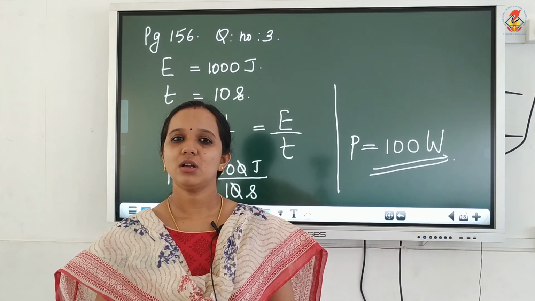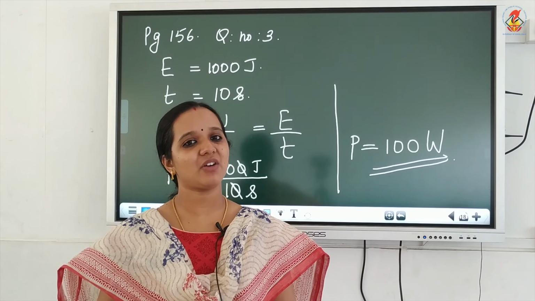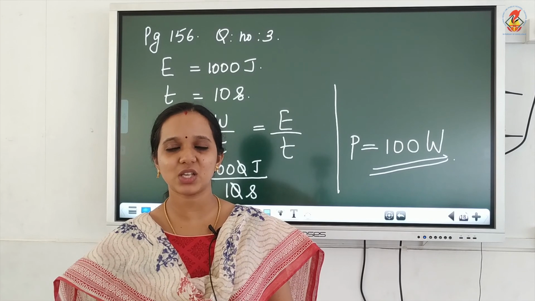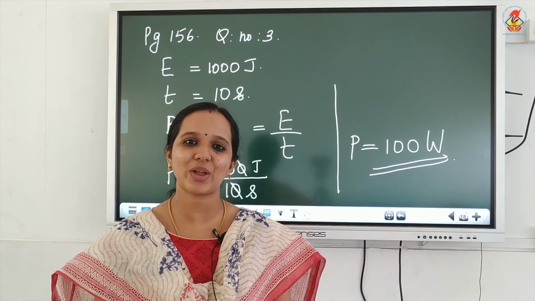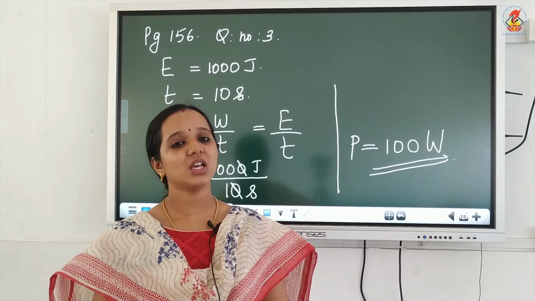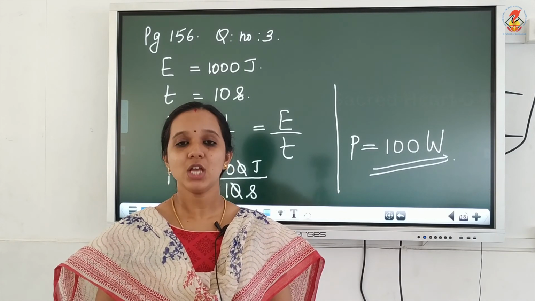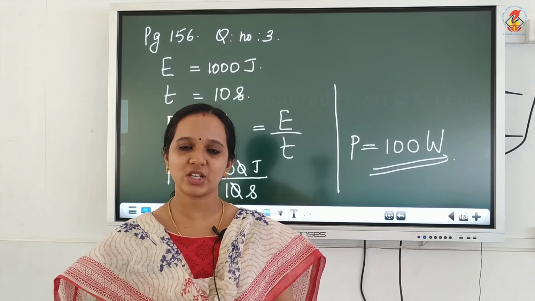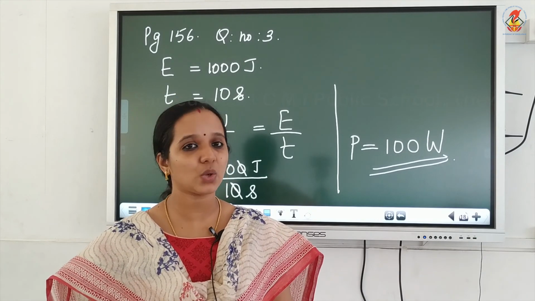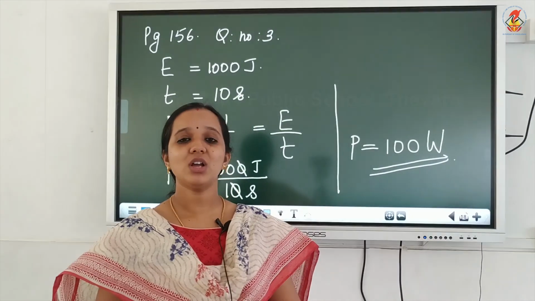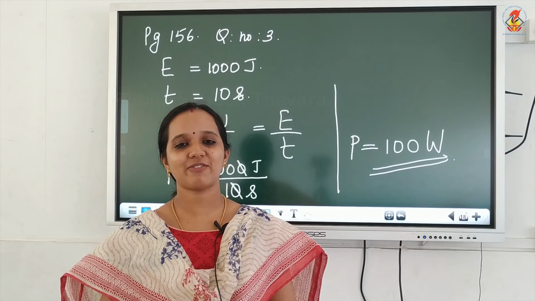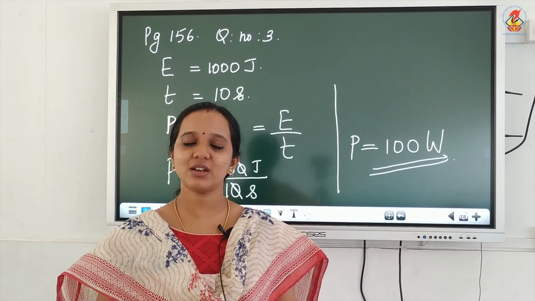And the formula to find power is W by T or E by T. P is equal to W by T or P is equal to E by T. Now, commercial unit of energy is kilowatt hour. To convert commercial unit of energy into joules, we have the conversion 1 kilowatt hour is equal to 36 into 10 raised to 5 joules. This is what we have covered in this session. Hope it is clear. Thank you.